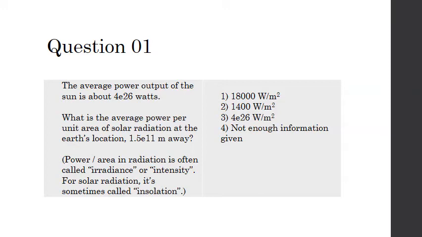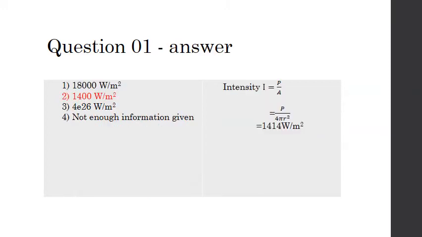All right, let's talk about how you get the answer. So the answer to this question is actually 2. And the way I get it is I know that intensity is equal to the power divided by area. And what area do you need to use? Well, you need to use the surface area of a sphere because the power of the sun is radiated three-dimensionally all around it.